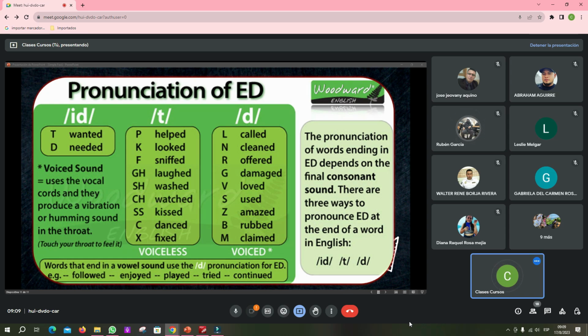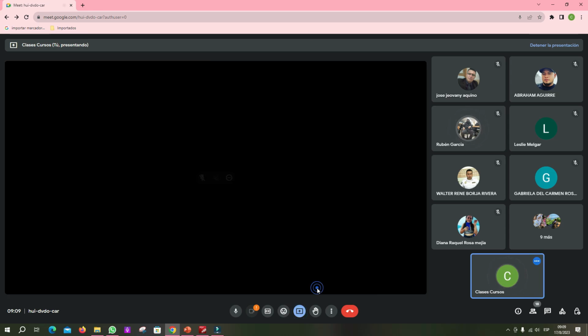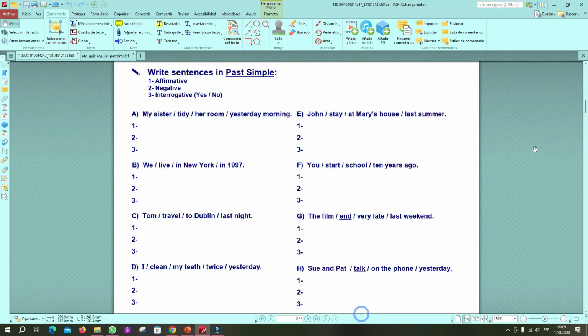Okay, so we're going to try to do the first exercise. The first exercise says, write sentences in past simple or simple past. There you have affirmative ones, negative, and interrogative, but yes, no questions.